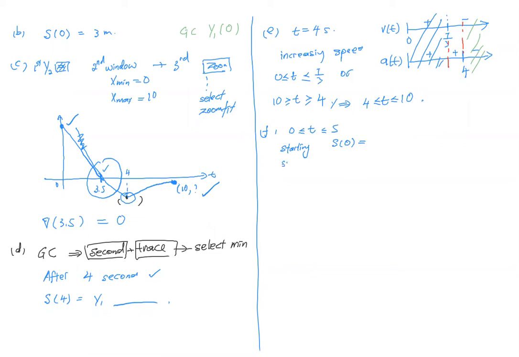Stop, because when t equal to 3.5, the particle stops. So S 3.5, then you end. Ending point, S5. So these 3 points, you get it?